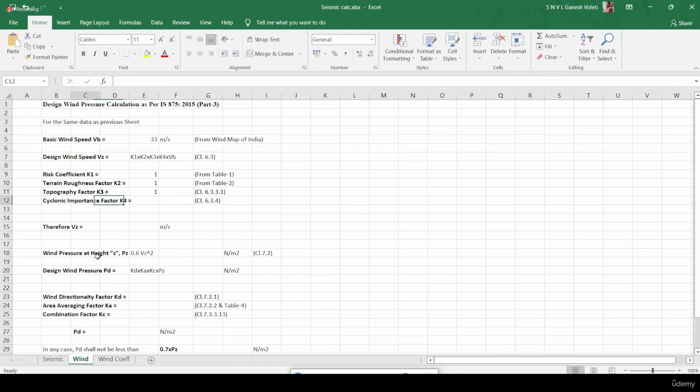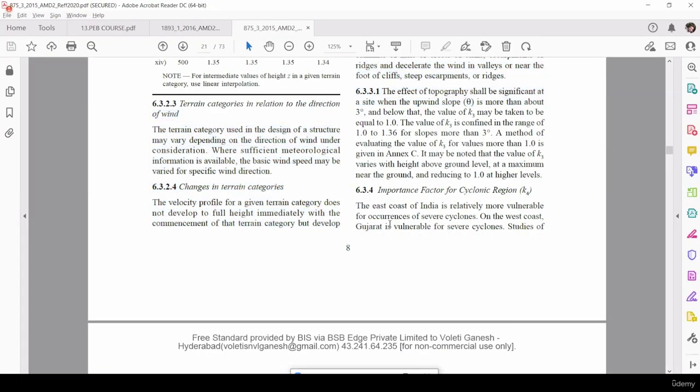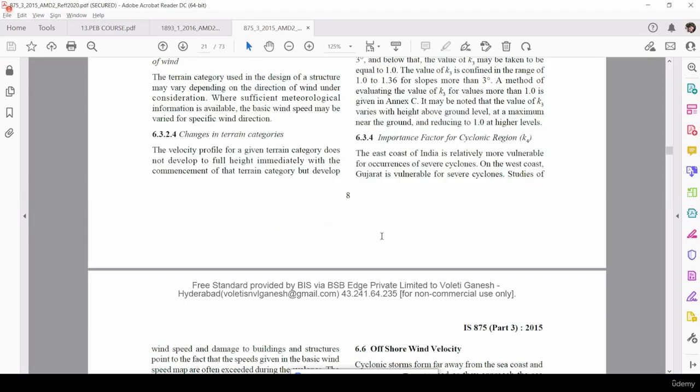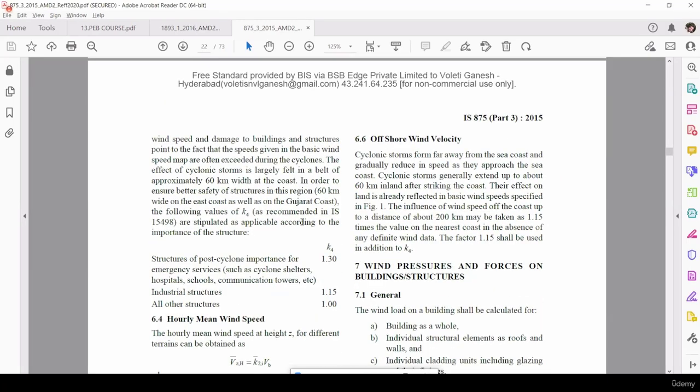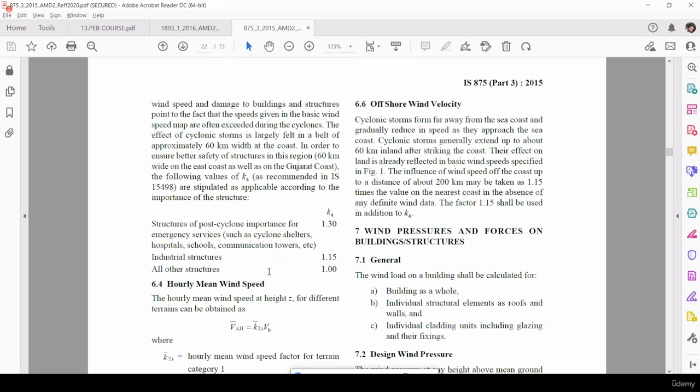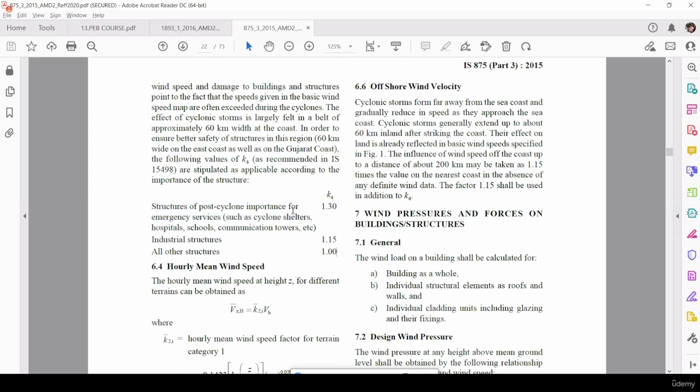And K4 is the cyclonic importance factor, mentioned in clause 6.3.4. They have given a table: structures of post-cyclone importance, like emergency shelters, hospitals, schools, communication towers, etc., take K4 as 1.3.